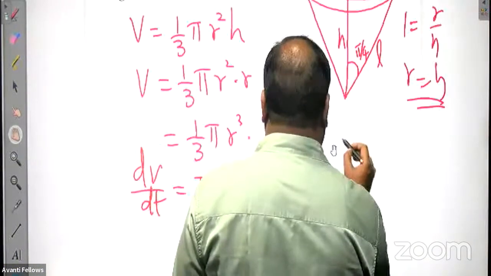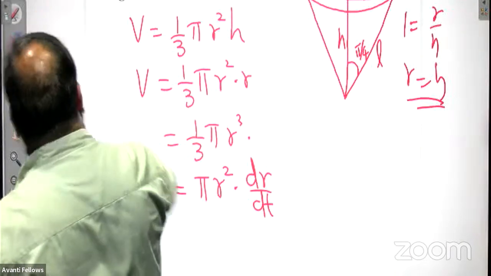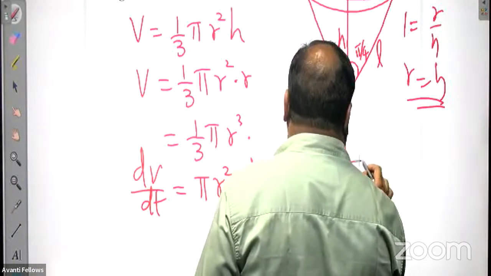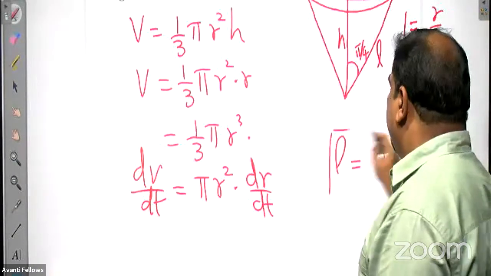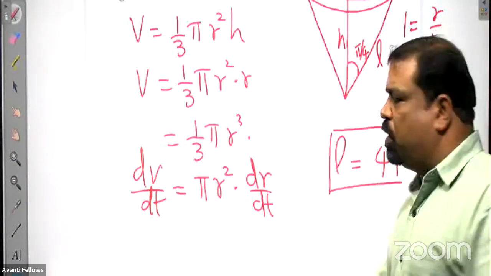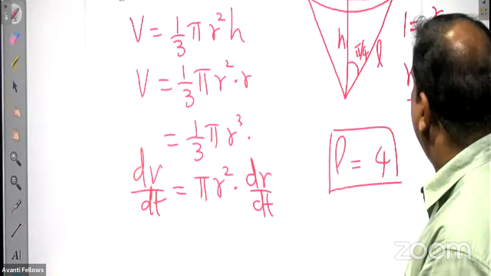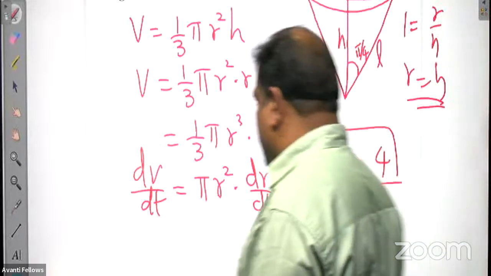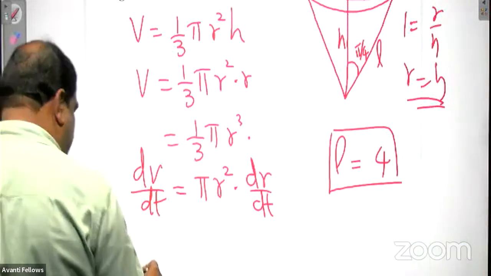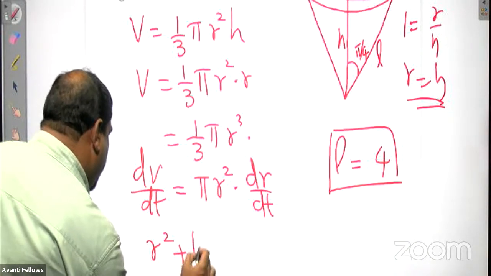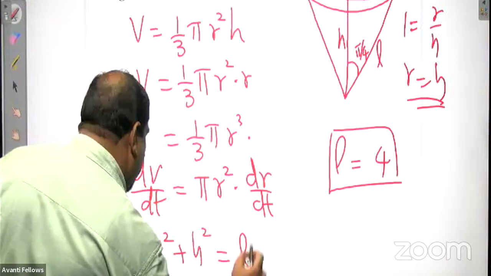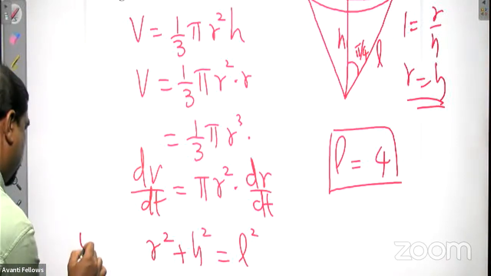So we have to find the rate of change where L is given. What is L? L is given equal to 4 at the instant. So we know Pythagoras theorem. Let us apply Pythagoras theorem. We know that r square plus h square is equal to L square.